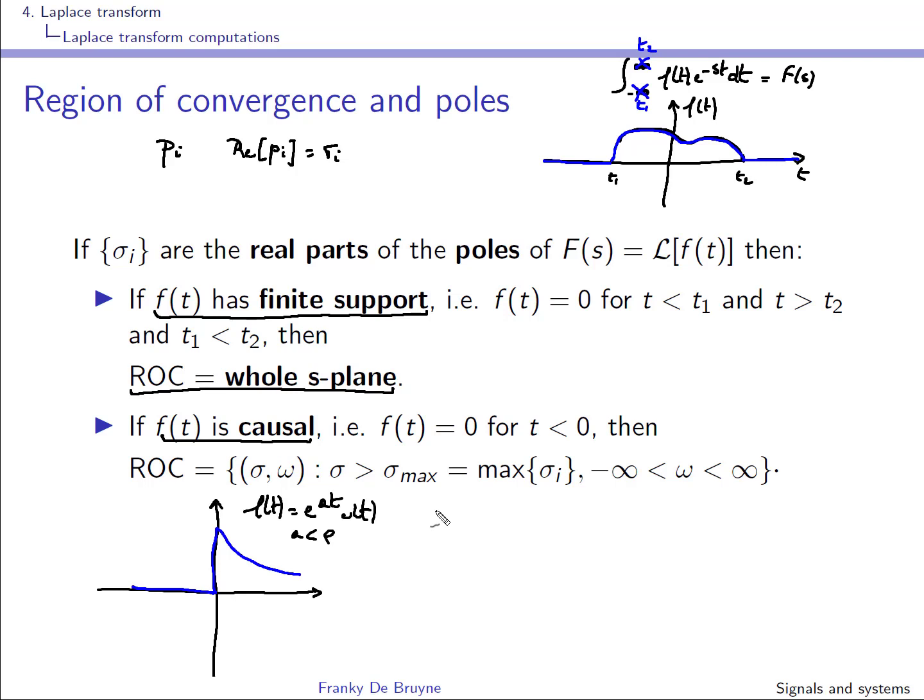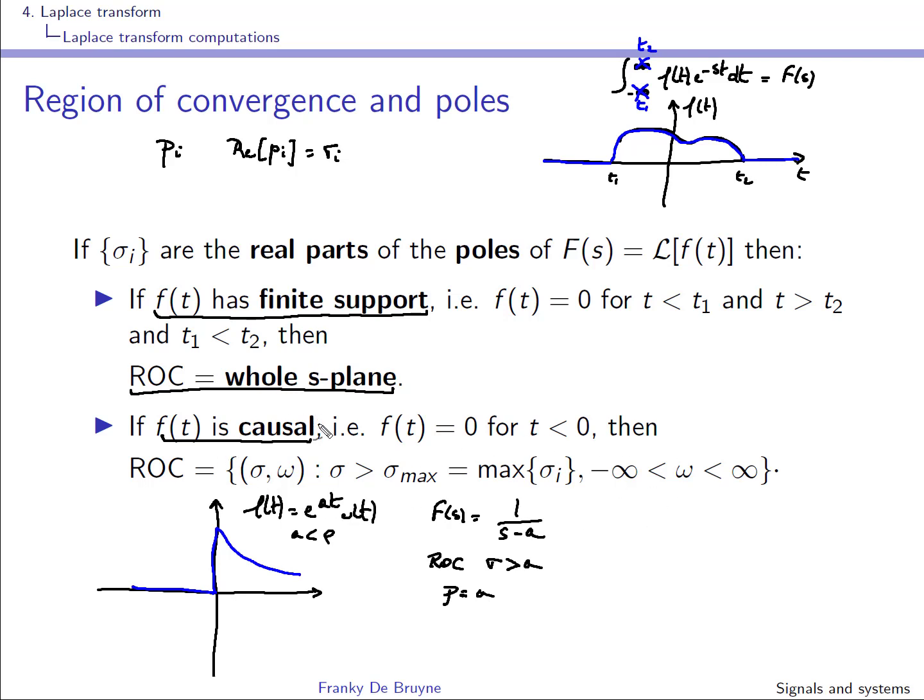And we've seen that the Laplace transform is 1 over s minus a, right? And that the region of convergence was sigma larger than a. Okay, so what you see here, the pole is a, and you see that the region of convergence is to the right of the pole. So this you can do in general.